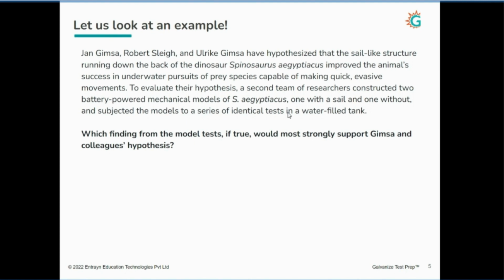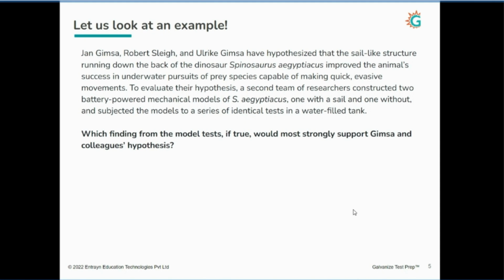To evaluate their hypothesis, a second group of researchers constructed two battery-powered mechanical models of S. aegyptiacus, one with a sail and one without, and subjected the models to a series of identical tests in a water-filled tank. Which finding from the model tests, if true, would most strongly support Gimsa and colleagues' hypothesis?